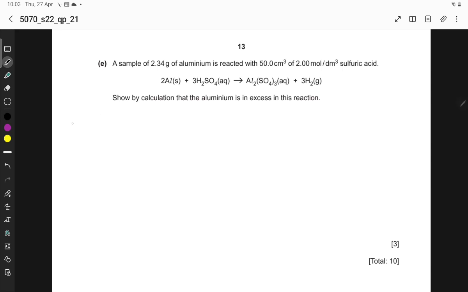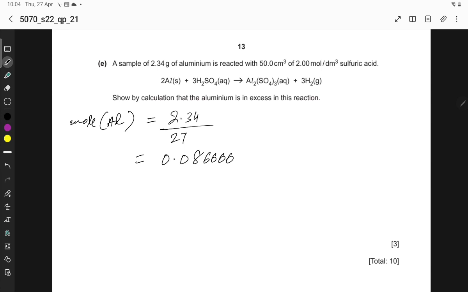Moles of aluminium is 2.34 divided by 27, which is 0.086666.